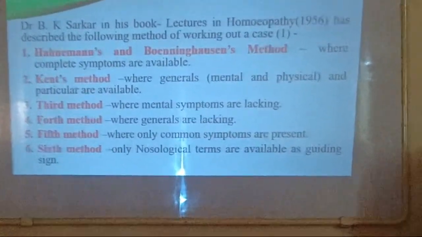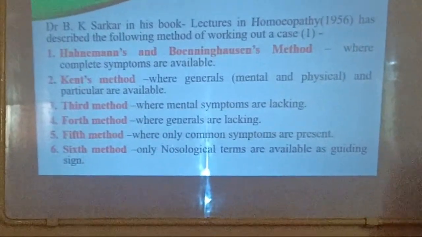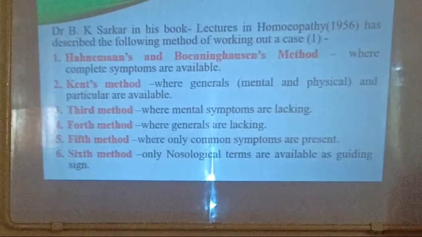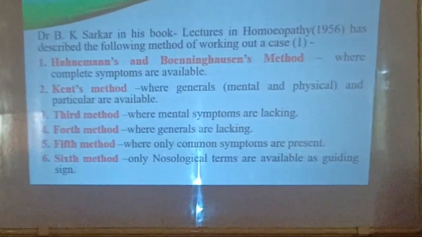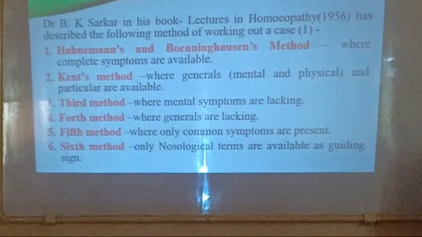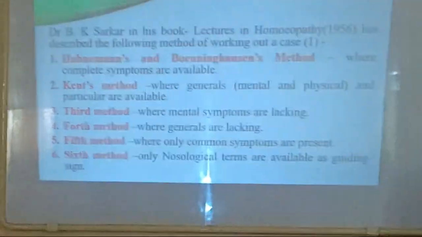So second method is Kent method, where generals, mental and physical, and particulars are available. If we think about the Kent method, Kent emphasized mental symptoms, mental generals. Third method, where mental symptoms are lacking. If mental symptoms are lacking, then we can use third method.